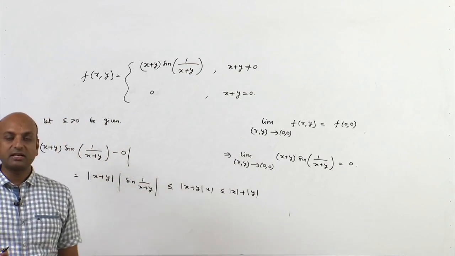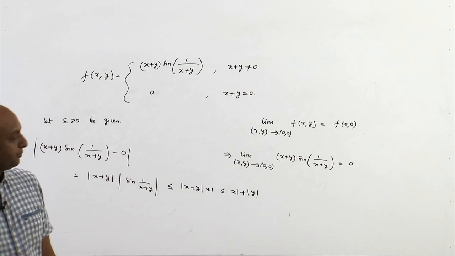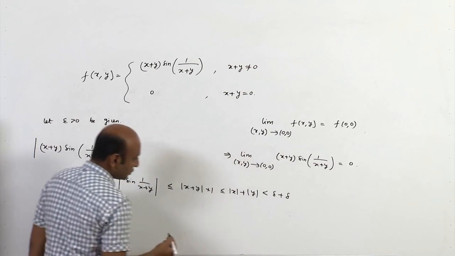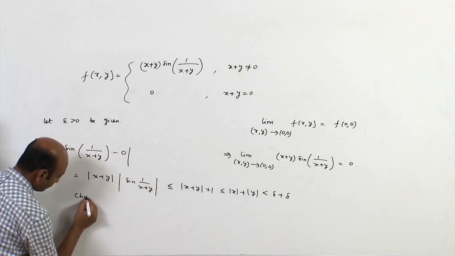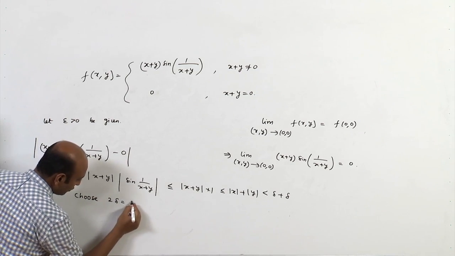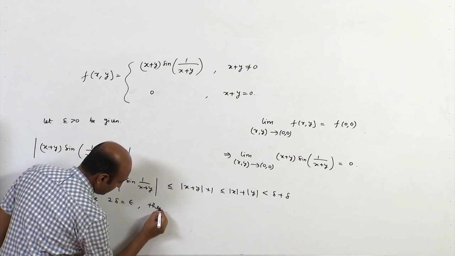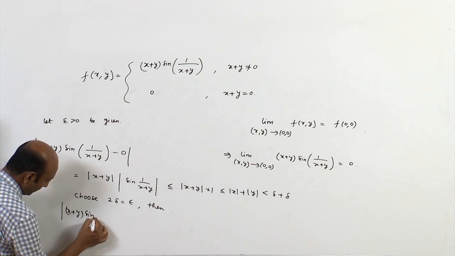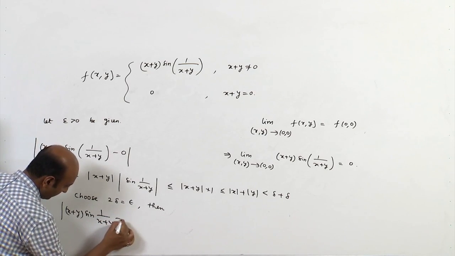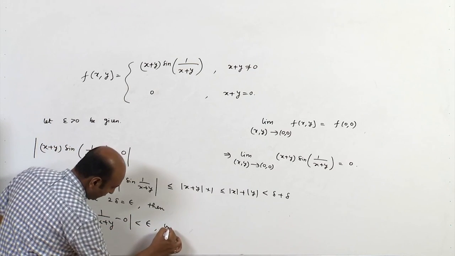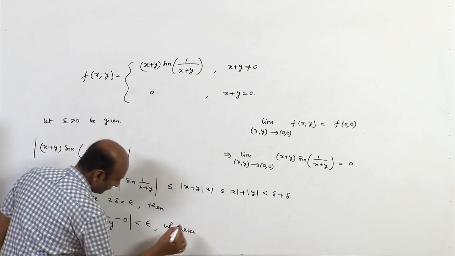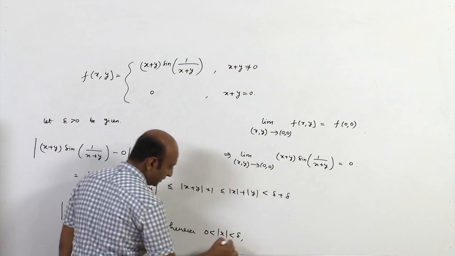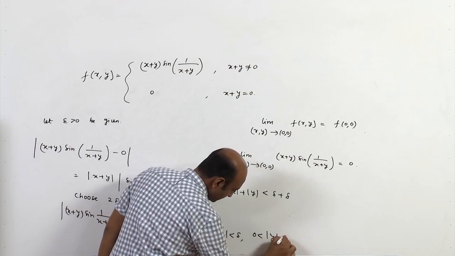Mod (a plus b) is always less than or equal to mod a plus mod b, and if we take it less than delta plus delta, so if we choose 2 delta equal to epsilon, then mod of (x plus y) sine 1 upon (x plus y) minus 0 is less than epsilon whenever 0 less than mod x less than delta and 0 less than mod y less than delta.